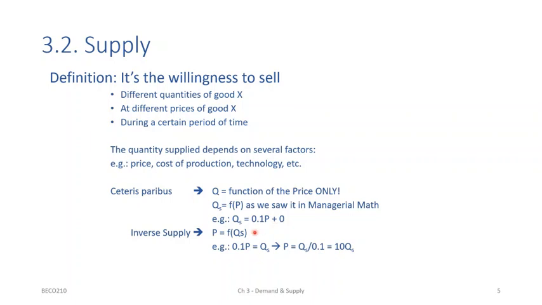We can also find the inverse supply function, which is the price as a function of Q, as we saw in managerial math. Remember, you're always interested in higher prices because now you are the seller.